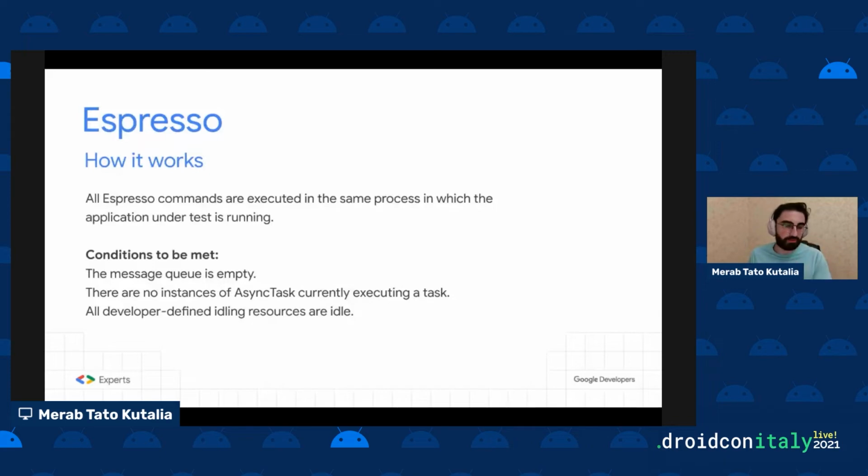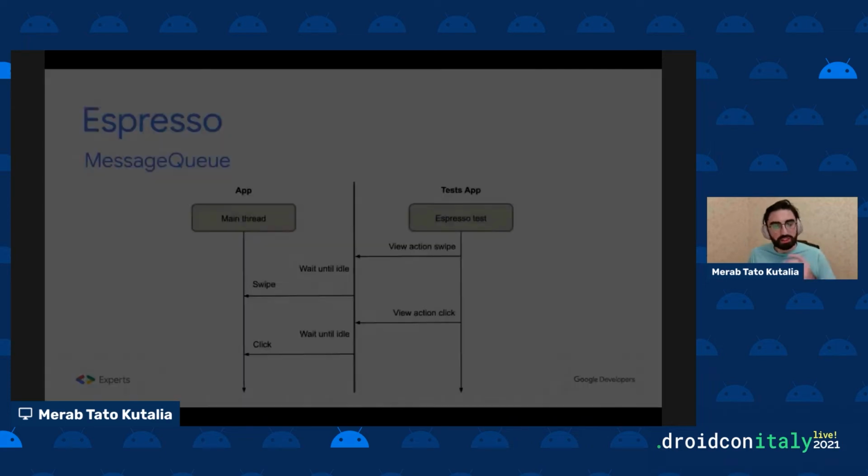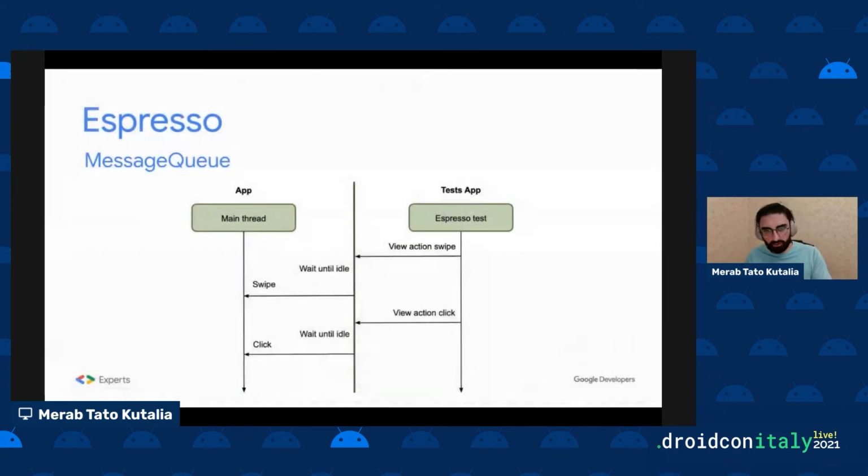The message queue is empty. What's called the message queue? From the start of my presentation, I stated that an Espresso test runs with the application and on the main thread. So it means that any action you take with Espresso is actually going to the application thread.